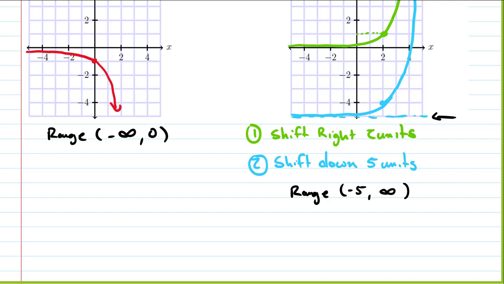So in all those examples, we'll note that the horizontal asymptote was either where the range started or the range ended, and the other end was always positive or negative infinity. If we reflect across x, it's going to be from negative infinity to the horizontal asymptote. If we don't reflect across x, it's going to be from the horizontal asymptote to infinity.